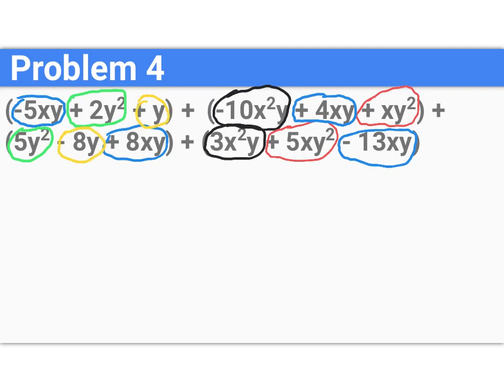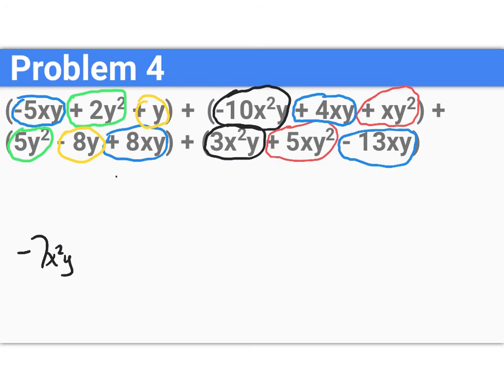All right, so if we take the black circles, again, I'll do it again on this page, negative 7x squared y. That takes care of the black circles. Then if I do all the blue circles, I got negative 5 and 8, which make positive 3, 4, and negative 13.